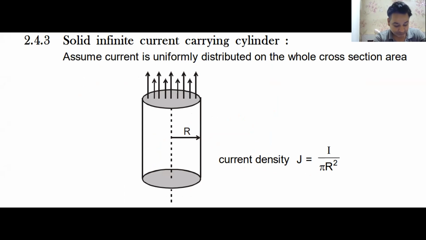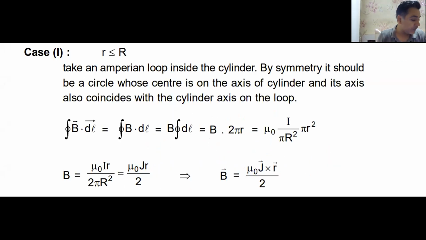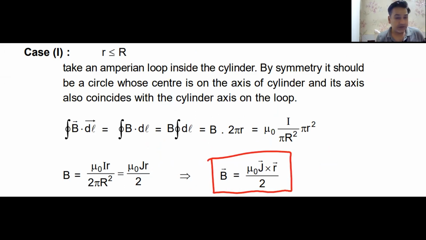Remember this standard result for inside, and remember the vector form as well, because this vector form will help you in getting questions: mu naught J cross R by 2, for R smaller than capital R.